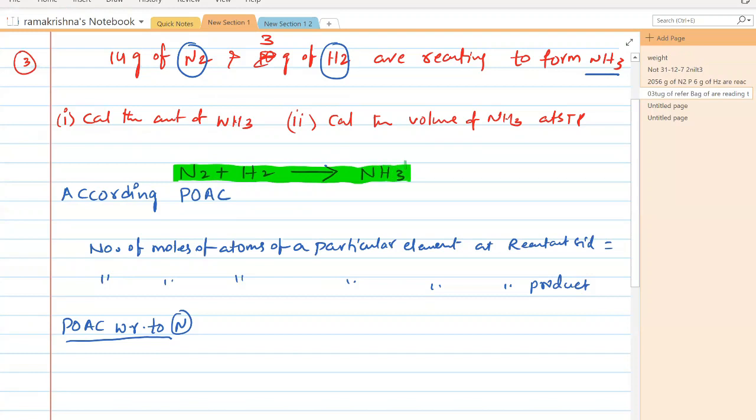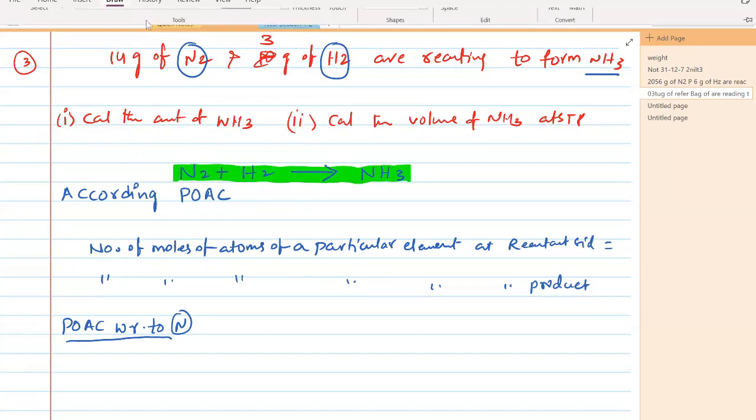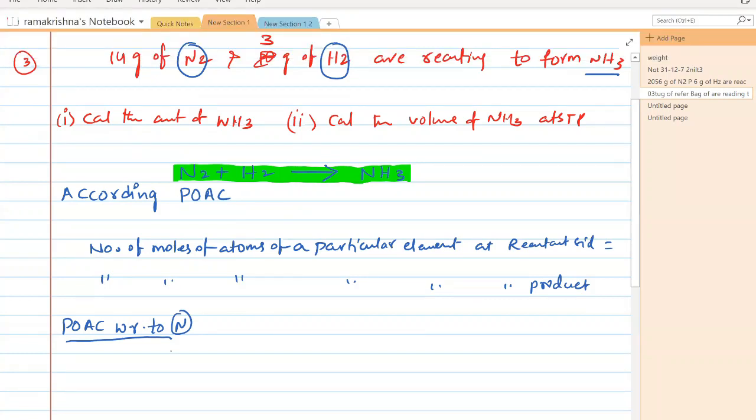In 1 mole of N2, how many nitrogen atoms are there? 2. Atomicity 2 into number of moles of nitrogen. We don't have nitrogen anywhere else at the reactant side, only in N2. And where do you find nitrogen in the product side? Ammonia. In 1 mole of ammonia, how many nitrogen atoms are there? 1. So 1 into number of moles of NH3.